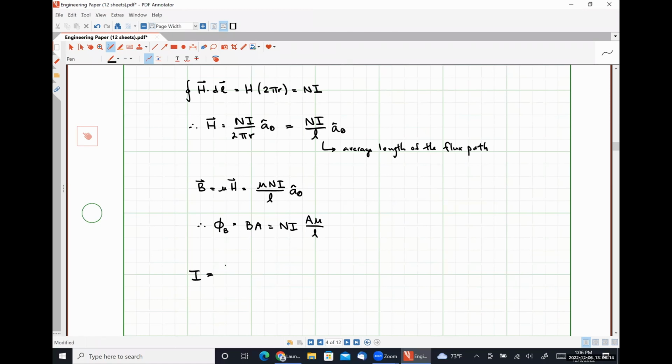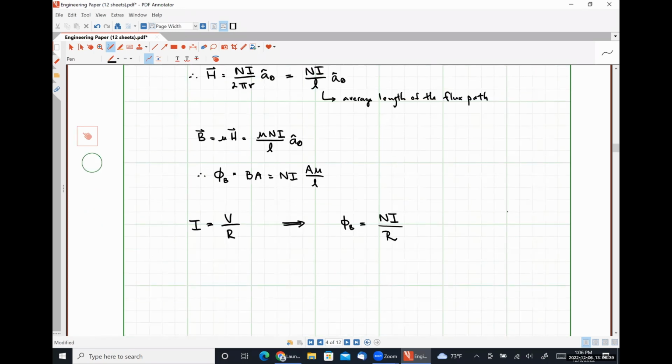So I equals V over R in an electric circuit will look like phi B equals Ni, our MMF, divided by a quantity, fancy looking R, which will be our reluctance. Let's write that down. Reluctance is measured in amp turns per Weber.